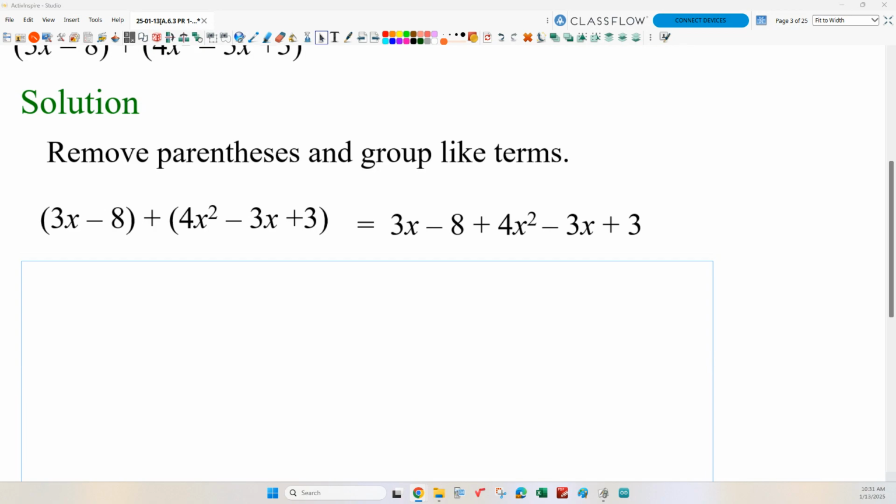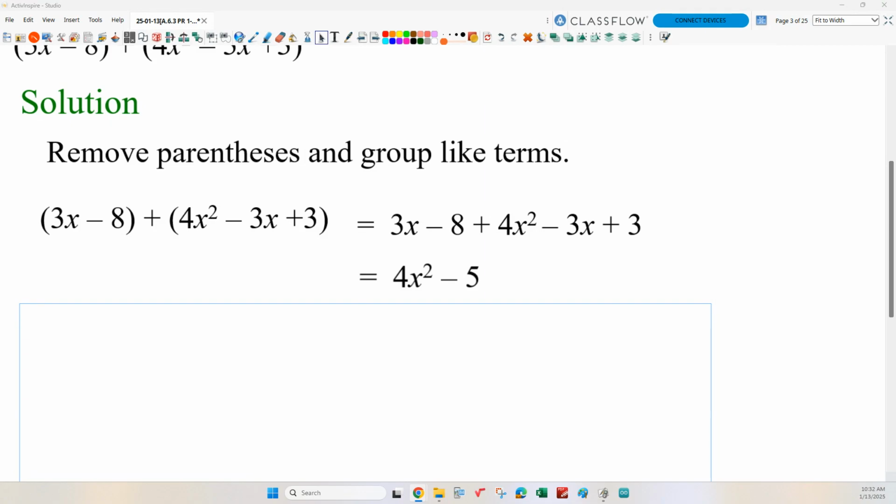Now, if I'm going to write the answer, the polynomial, in standard form, which term should I write first? The x squared, right? Because remember, when we write a polynomial in standard form, we want to put the biggest powers first. So we'd always group that one first. The first thing we'd have is that 4x squared. There's only one term there, so that one stays the same. 4x squared goes first.